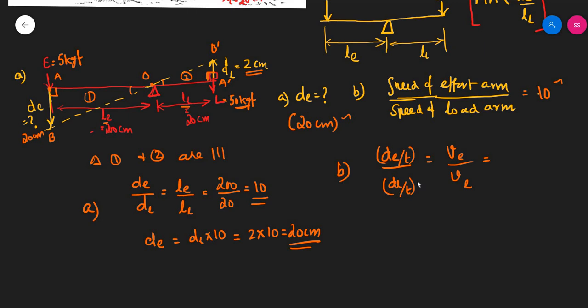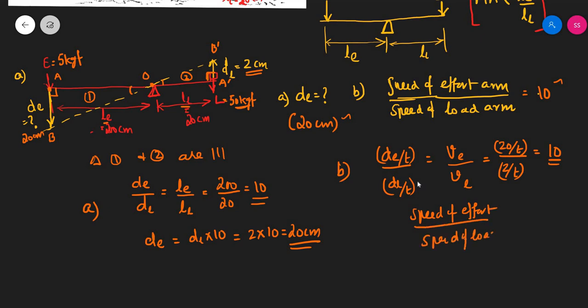So your dE is 20 by t, whatever the time it takes. This is 2 by t, and your time is going to get cancelled, and you're going to get 10. So your speed of effort by speed of load is also equal to 10.